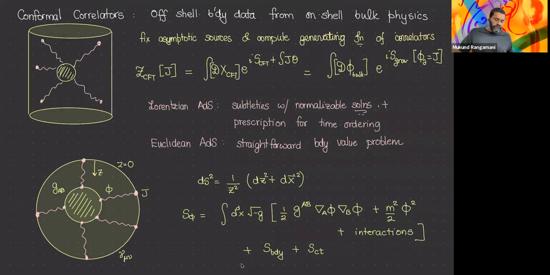I will have to specify at some point some boundary conditions, because this is really a space-time with a finite boundary, and I will have to specify some regulating terms to compute physical finite correlation functions, which I will call the counterterm action. Okay.